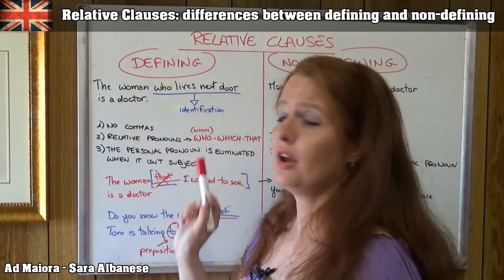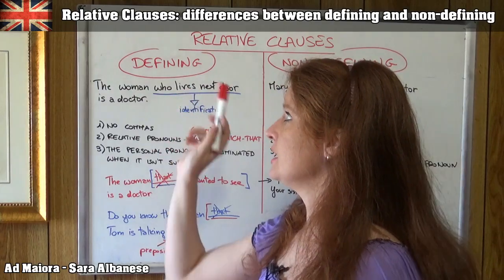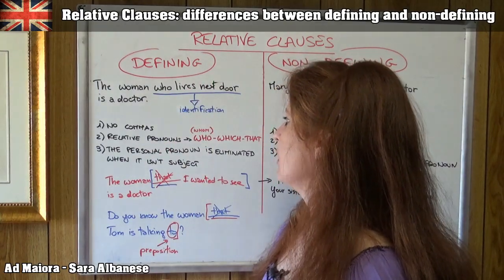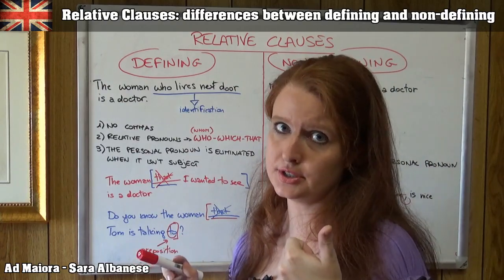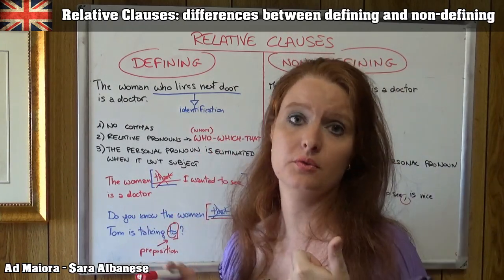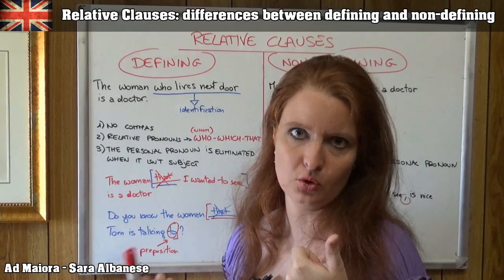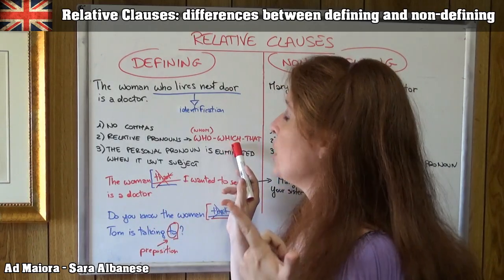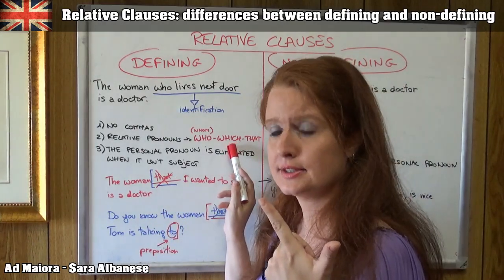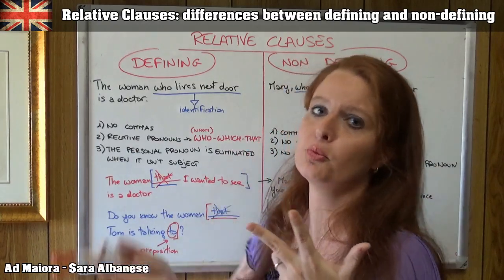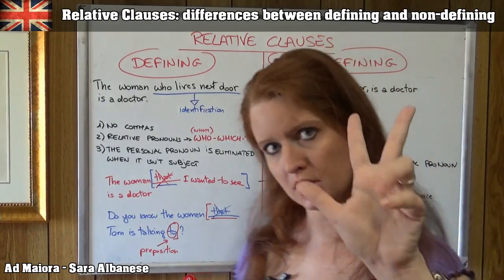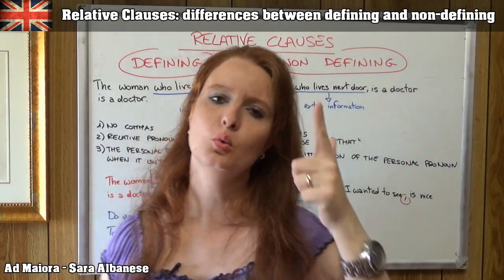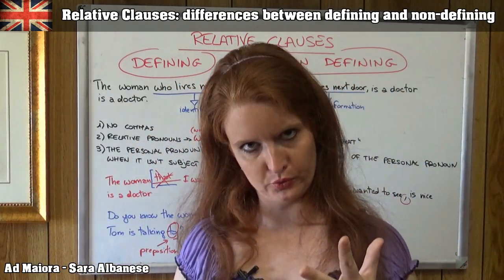Then, relative pronouns for defining relative clauses are three: who for persons, whom if it is an object, which for things, and that for both people and things, okay?